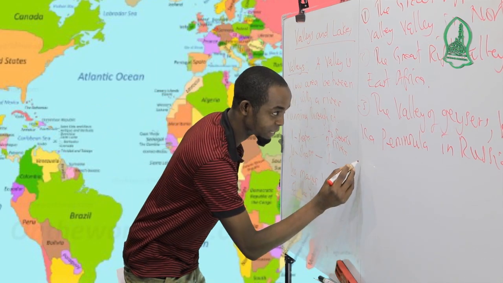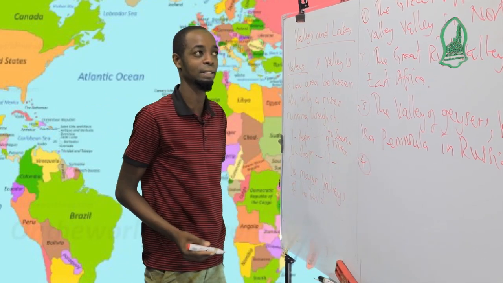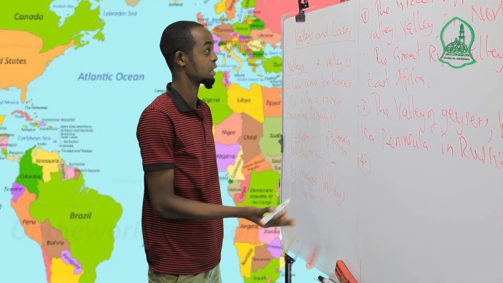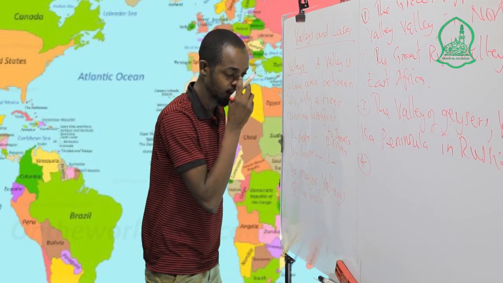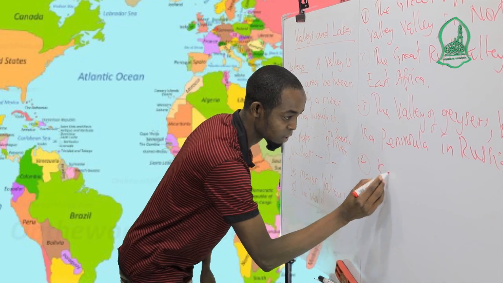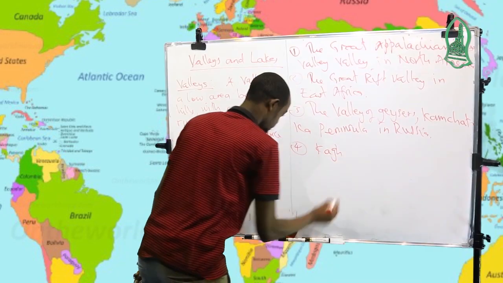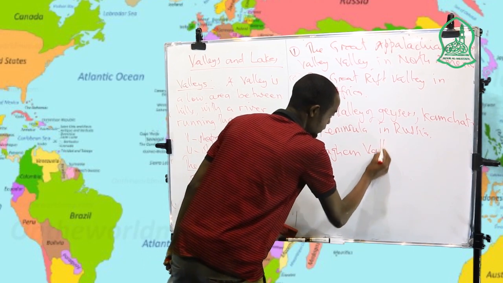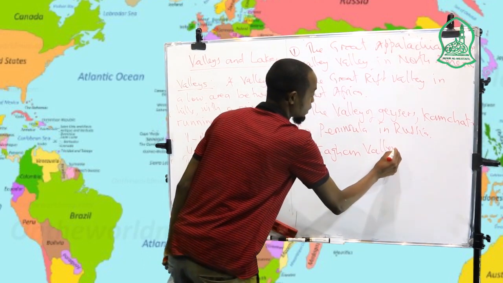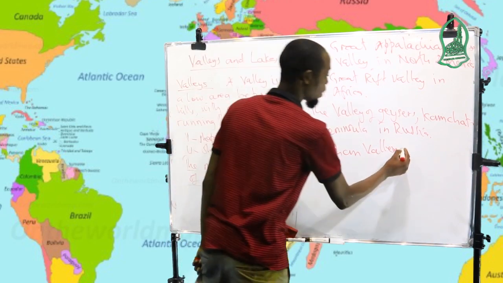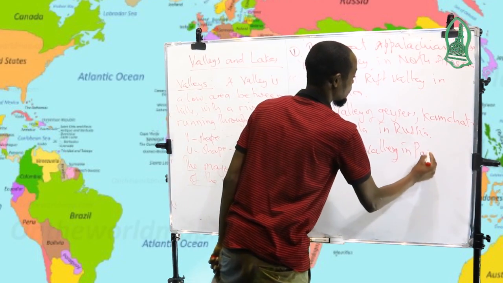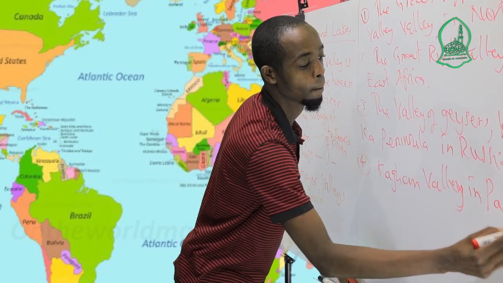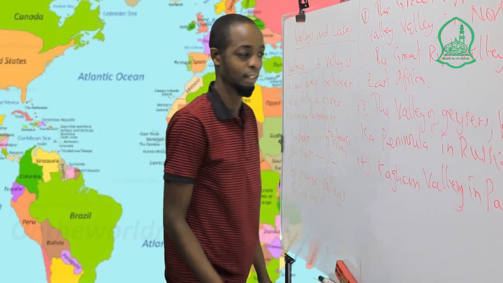Also, we have the Kagan Valley. This is found in Pakistan.